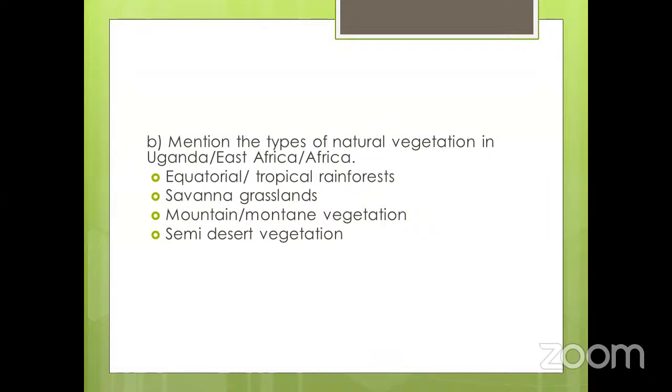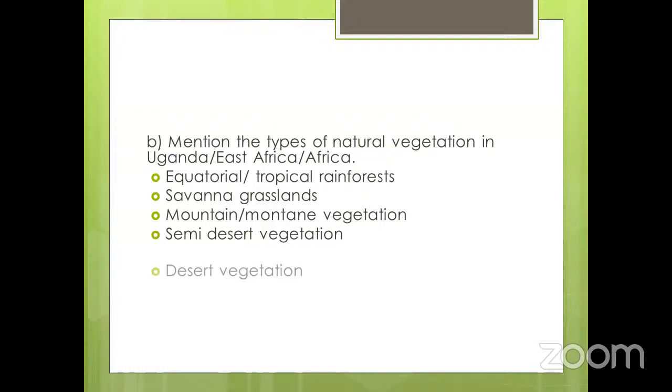And still when we talk about Africa, they are also part. Though when we look at Africa in general, you'll find that we add other types of natural vegetation. For East Africa, we shall add one more type. Then for Africa in general, we shall add 3 more types.